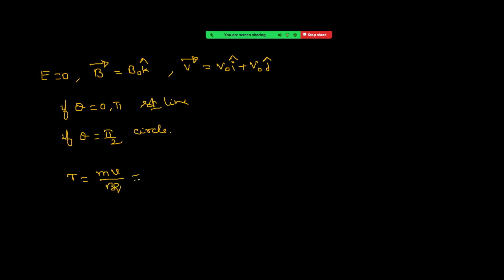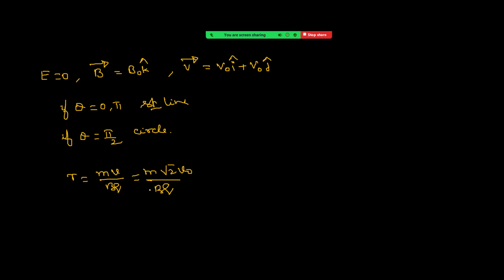And see what the speed is. Speed is root 2 v naught, the modulus of this, square root of v naught square plus v naught square. So m into root 2 v naught upon Bq. That is the radius, and you can see that in both option C and option D.